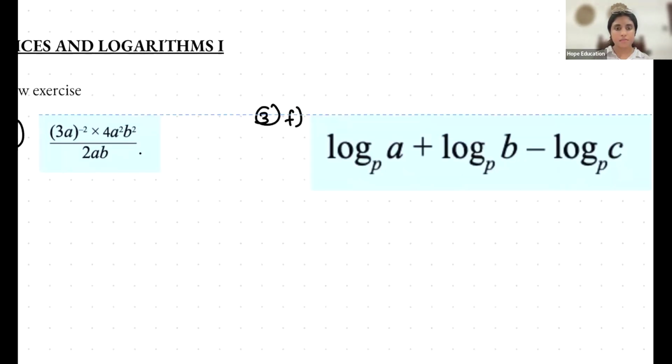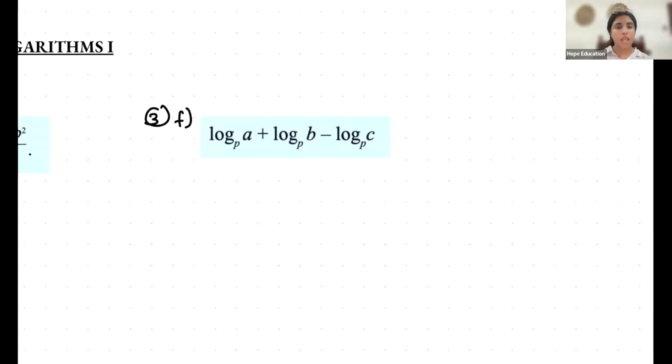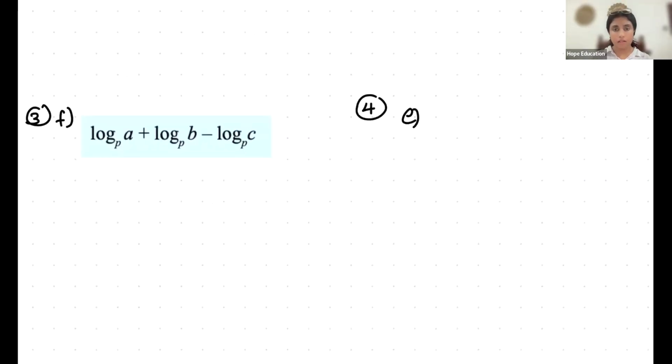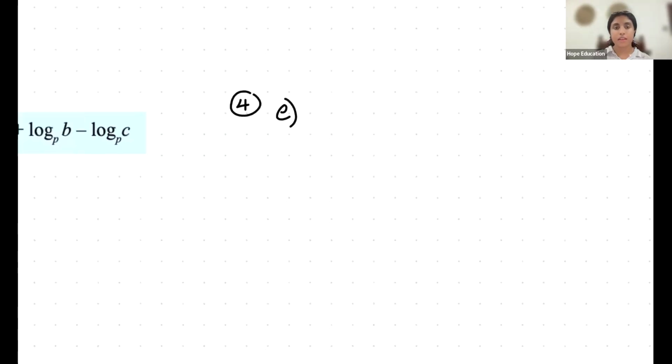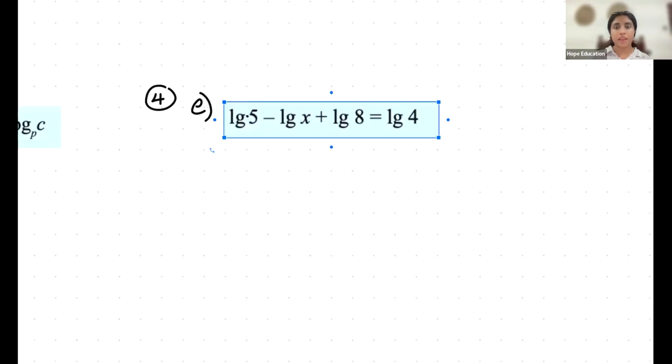Just a few questions to see if you remember. In the fourth one, E and F. Do both E and F. Fourth one, E and F. I won't give you too long for this, there are only four questions.